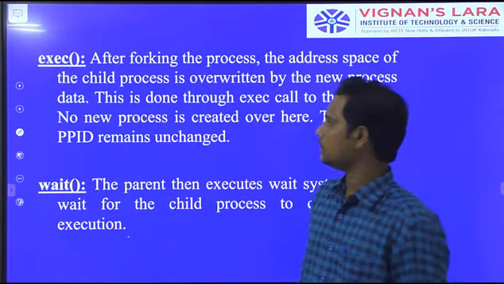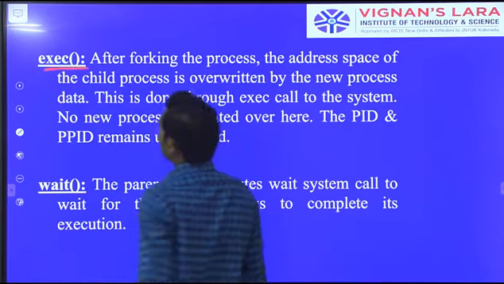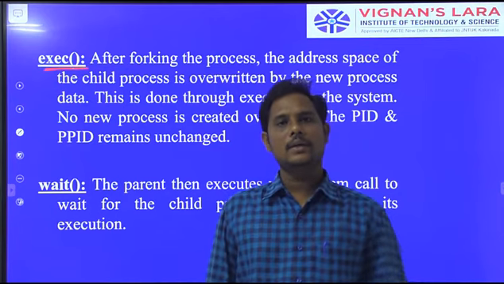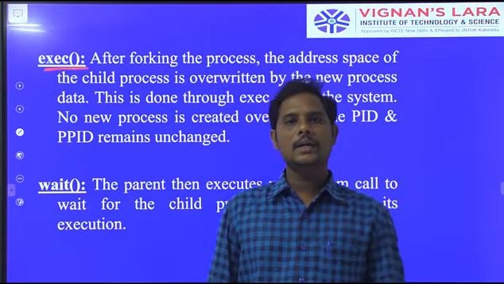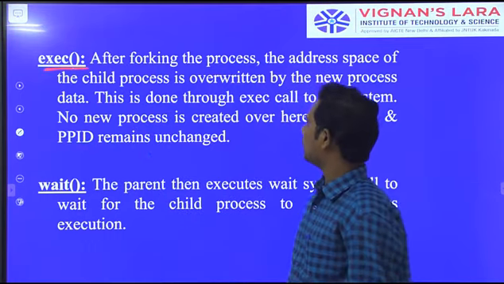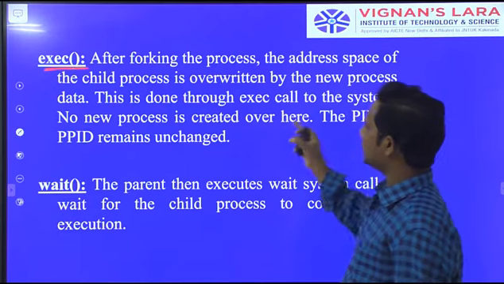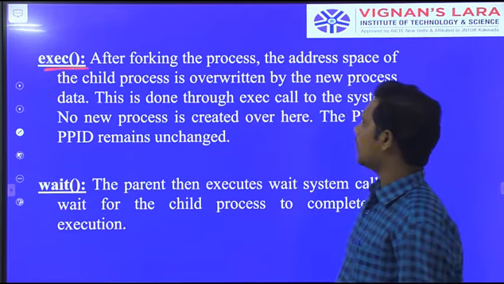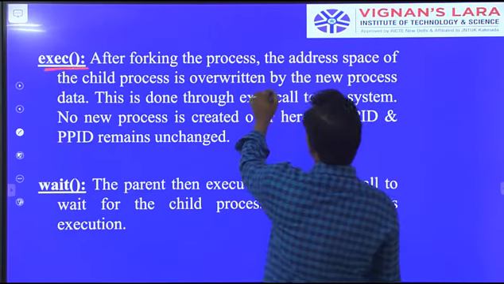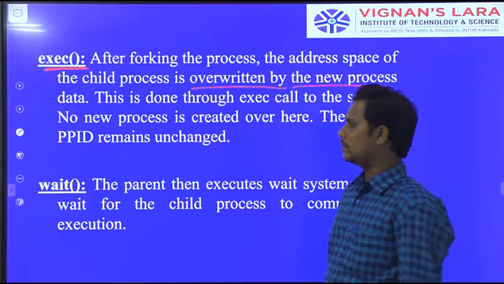Next, the exec system call. After creating the new process, that process is executed. How do we execute it? Based on the exec system call. After forking, the address space of the child process is overwritten by the new process data.